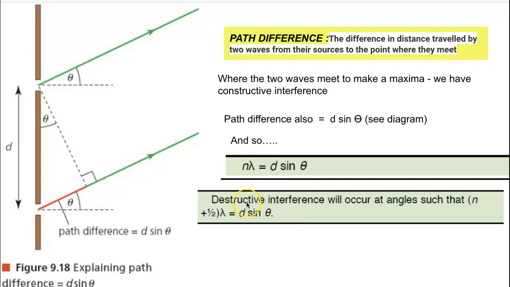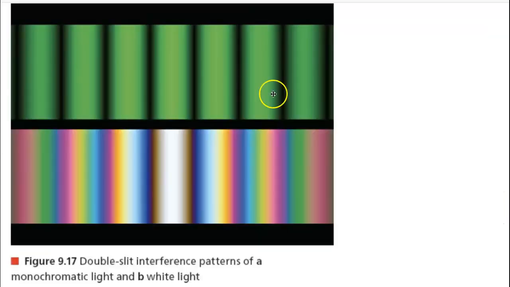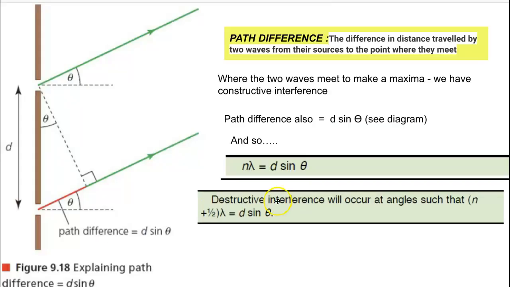Now, destructive interference is the minima. So we could actually come up with an expression for destructive interference using exactly the same idea, but the only thing that changes is that the path difference would not be equal to a wavelength.